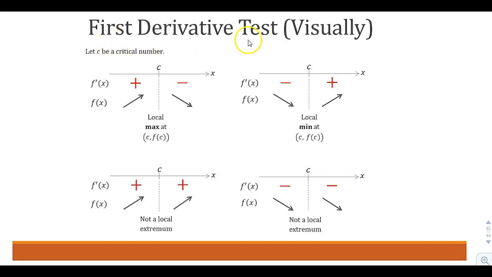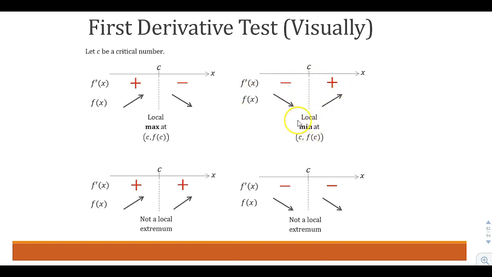Let's go ahead and look at the first derivative test visually. We have c as our critical number. Now, if f prime is changing from positive to negative at c, f is changing from increasing to decreasing. So we can see that we would have a local max at c, f of c. And if there is a change from negative to positive on the derivative, then f goes from decreasing to increasing.